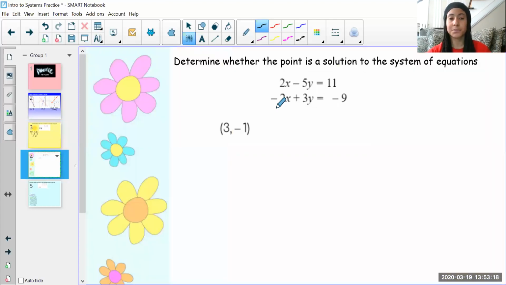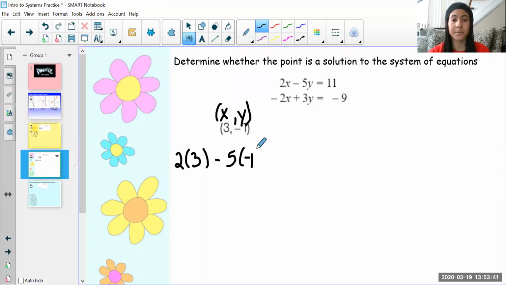Next question. Determine whether the point is a solution to this system of equations. So let's check it out again. We know that it's going to be x, comma y for our ordered pair. My first equation, we have 2 times 3 minus 5 times -1.